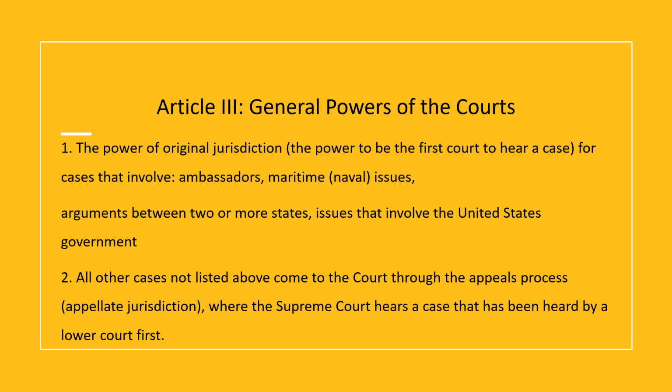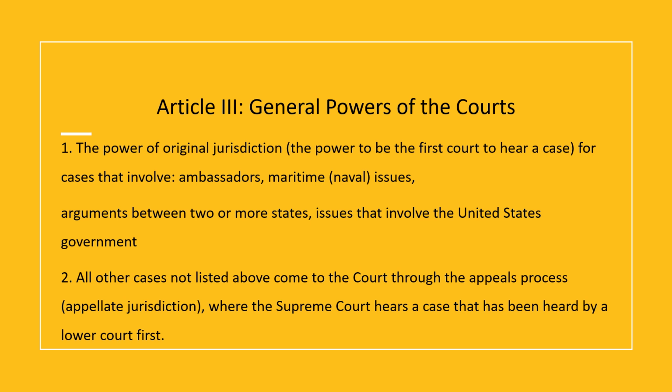Now we're going to look at the general powers of the courts. The general powers of the courts include two general groupings of powers. One of these is the power of original jurisdiction. There are specific arenas of conflict that the Supreme Court is the very first court to hear a case.